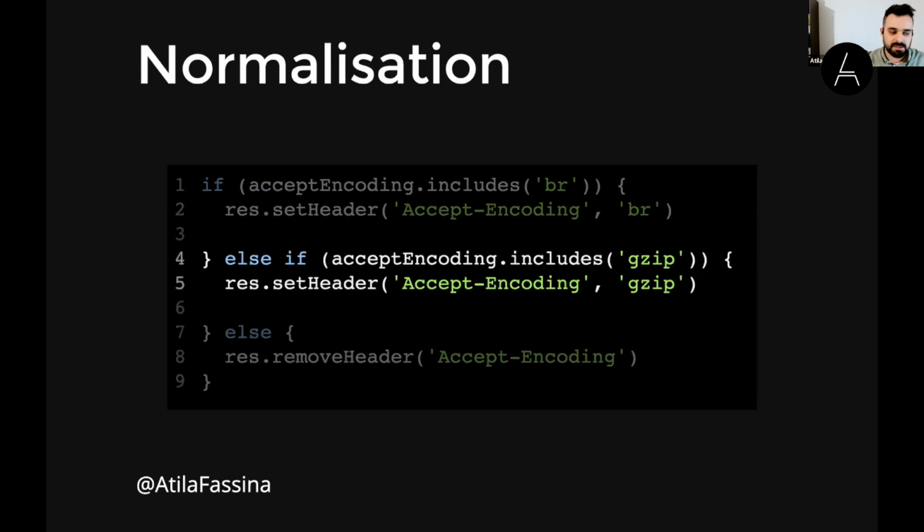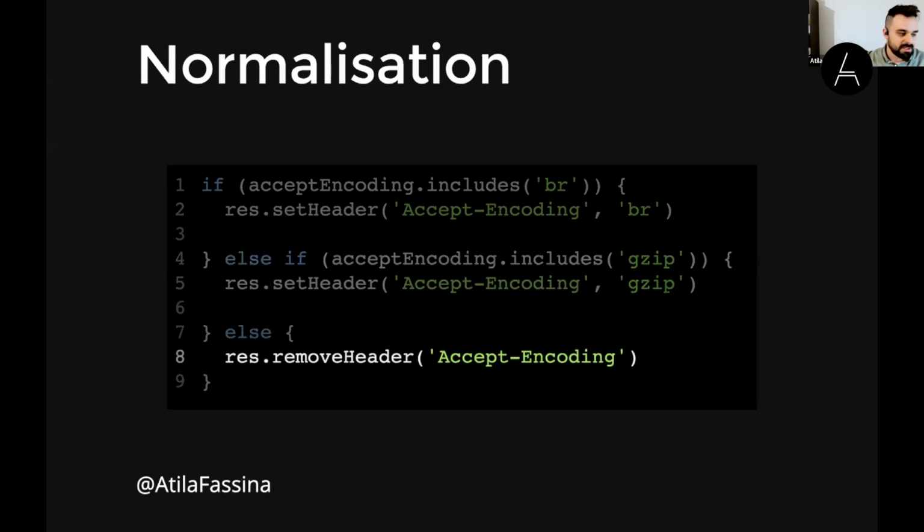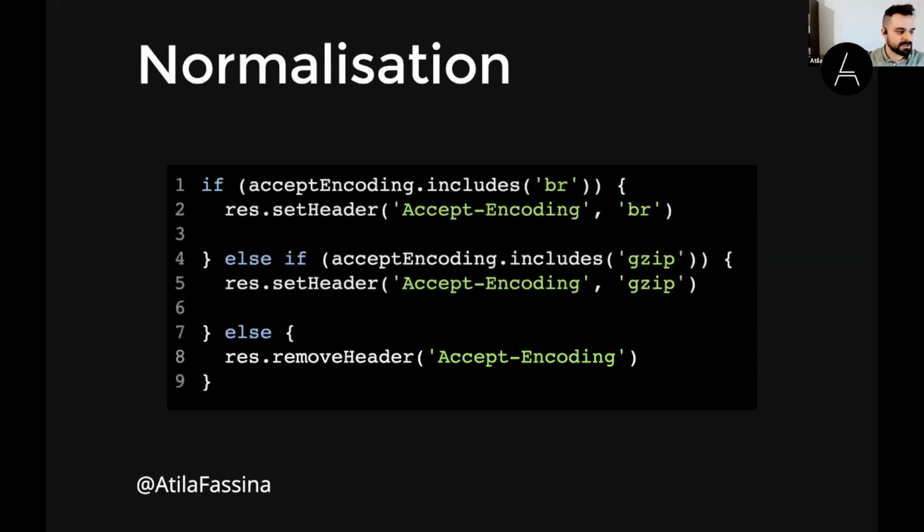Otherwise, you take gzip, and as you see, we are changing the headers here. And if not, just remove it, because if you're not compressing, then you cache all of them the same way, because it's always the same, regardless of which header comes in. So for the modern web, you'd be more or less pretty much in the safe area if you do something like this, I would say.